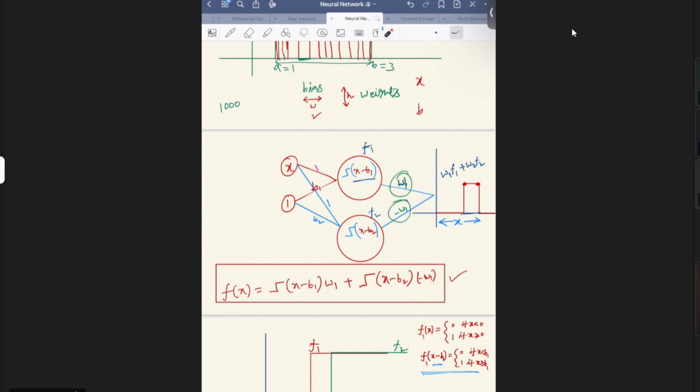Now you supply the function f of x and train the neural network with the functional values. So I allow the neural network to adjust these biases and weights on its own.